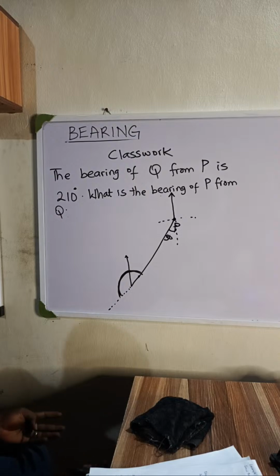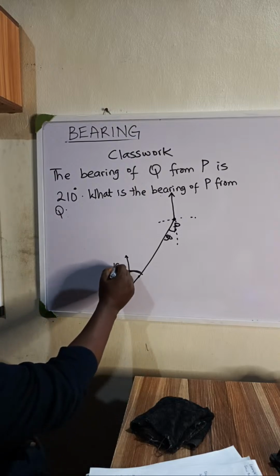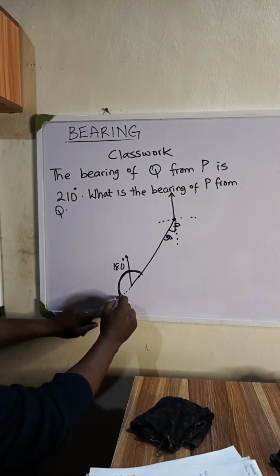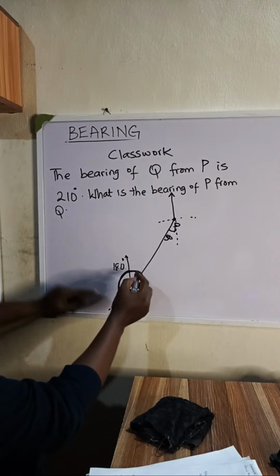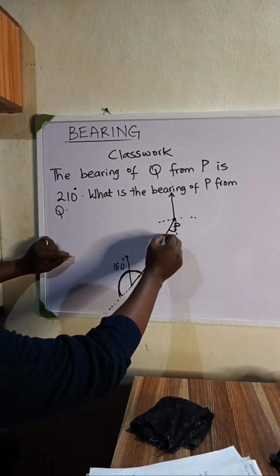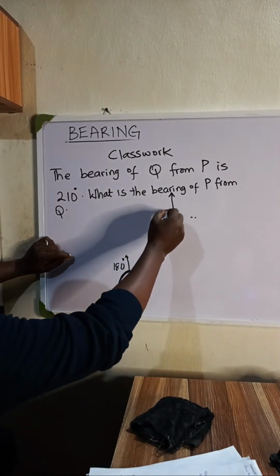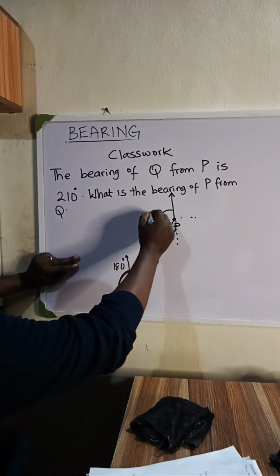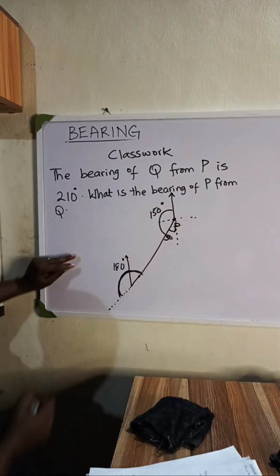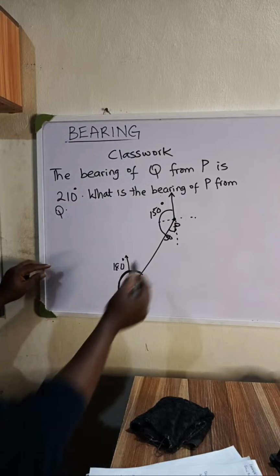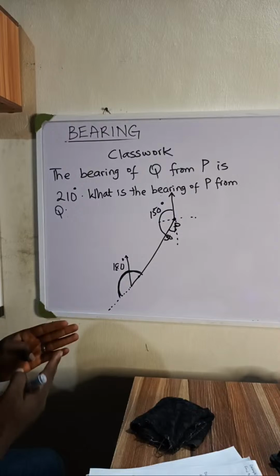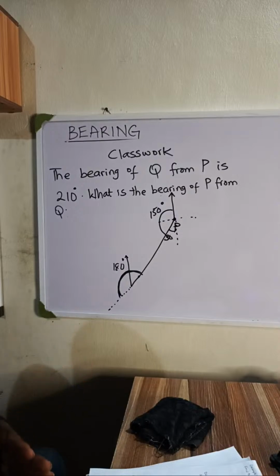This entire angle is 180 degrees because it's a straight line. But from 210 to 360 is 150 degrees, since 360 minus 210 gives you 150 degrees.